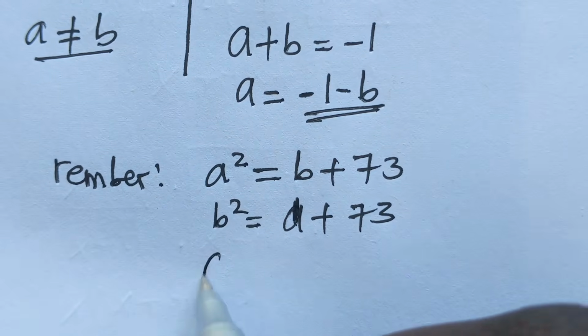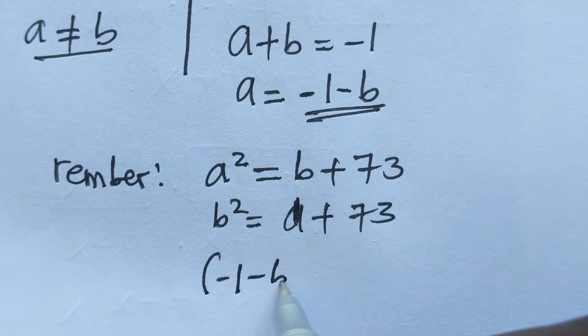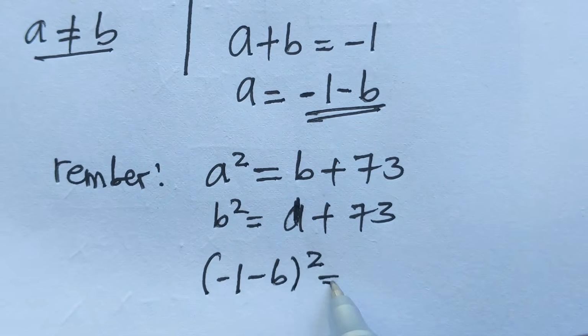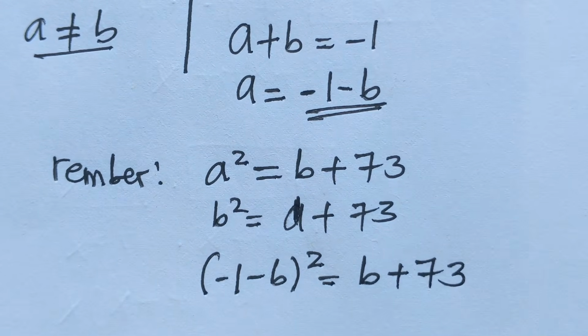The value of a, negative 1 minus b, squared equals b plus 73.